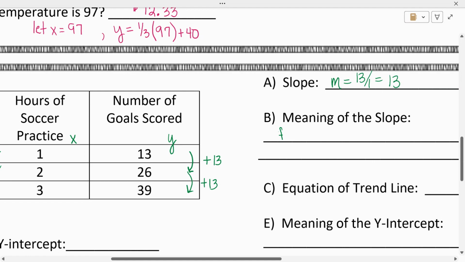Okay, so for every 13 goals scored, he has, and we're assuming it's a he, it might be a she, I'm going to say she. She has 1 hour of practice.